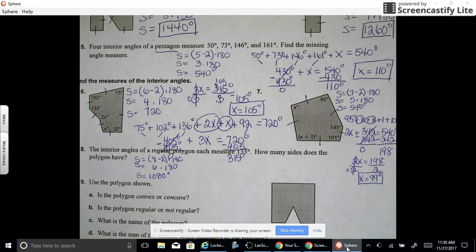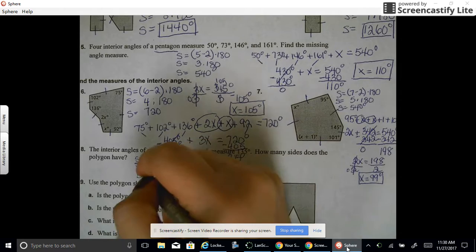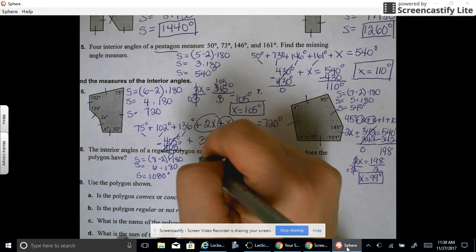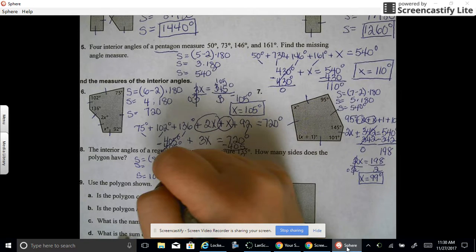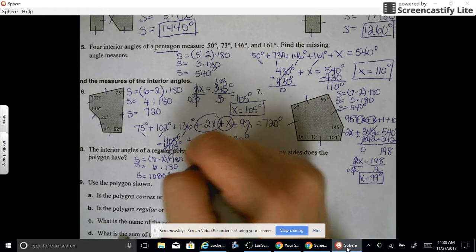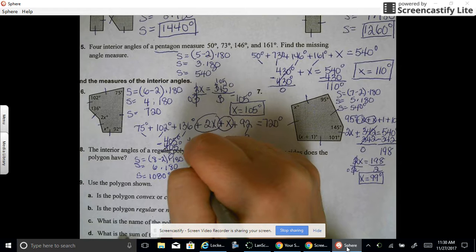So now, how do we find out the measurement of each angle? Well, we take the total number of vertices, which would be 8, and divide 1080 by 8.